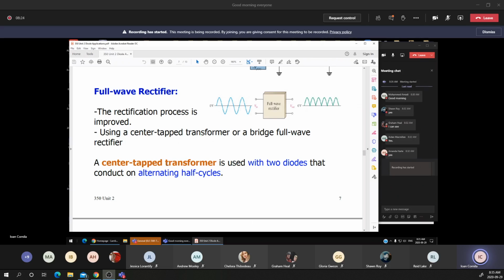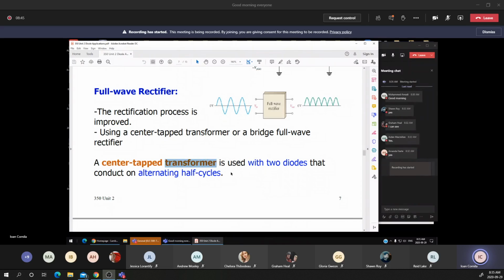Now, we don't know too much about transformers. I just mentioned them in ELE 105 when we discussed inductors, coils, or solenoids. That's another application.